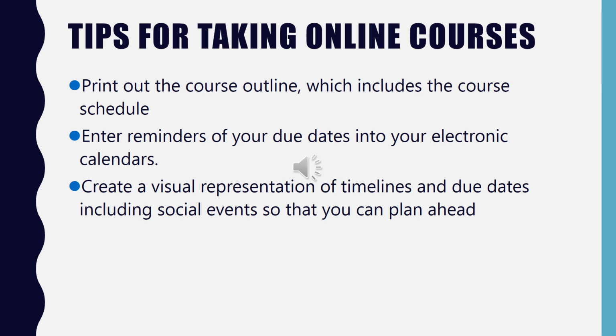I would also recommend, if you use electronic calendars, it's important to enter reminders of your due dates into your electronic calendars. That's what I do for my work commitments as well as my academic commitments.